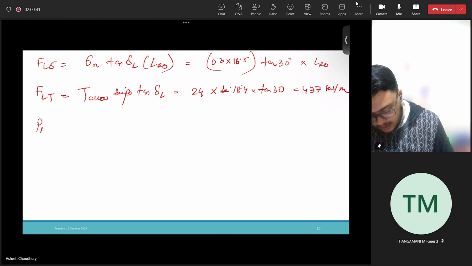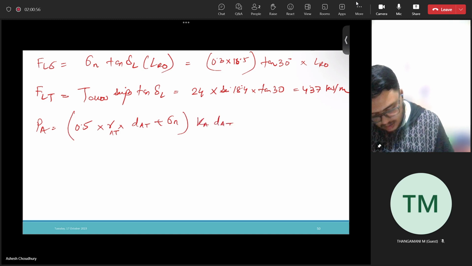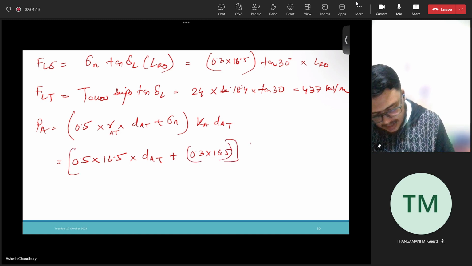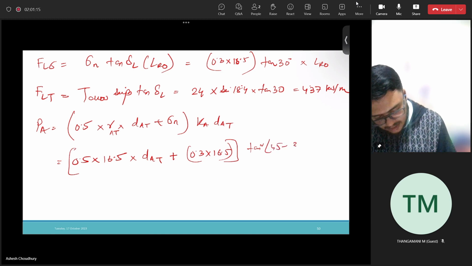Now Pa, 0.5, depth of trench we have to find out. K, what is K? tan square, 45 minus phi by 2.